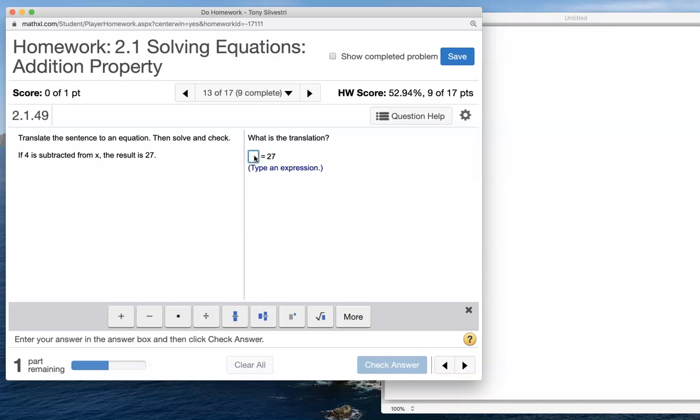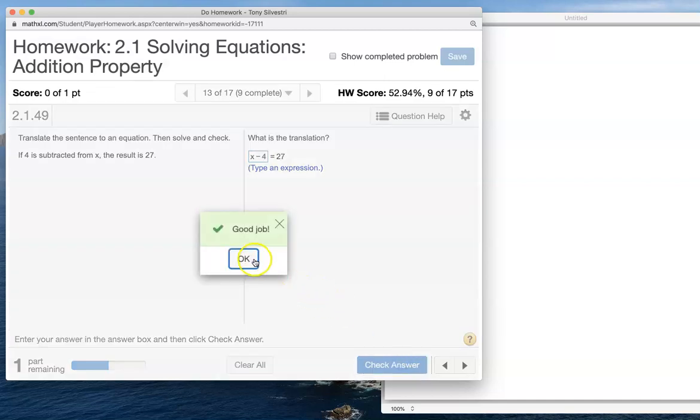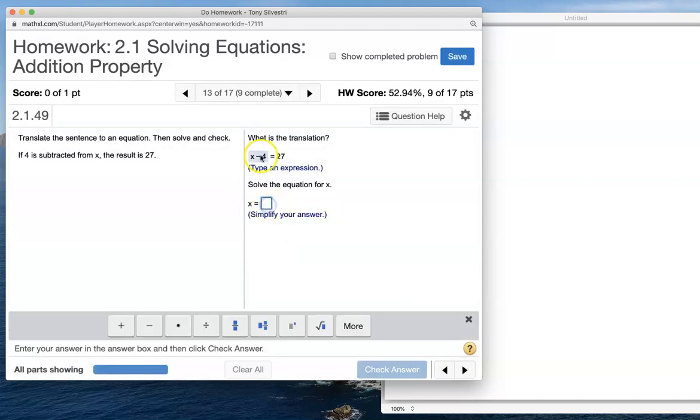So you want to make sure you read the entire clause and extract from that. Take the point of view of the X, and you're subtracting 4 from it. Check your answer. Great job. And then you obviously are going to add 4 to both sides, because that's the opposite of subtracting 4. Adding 4 would get rid of it from the left, so when you add 4 to the right, you get 31.